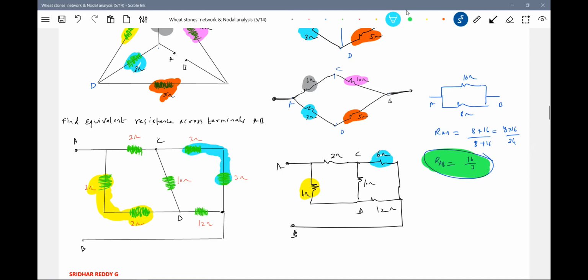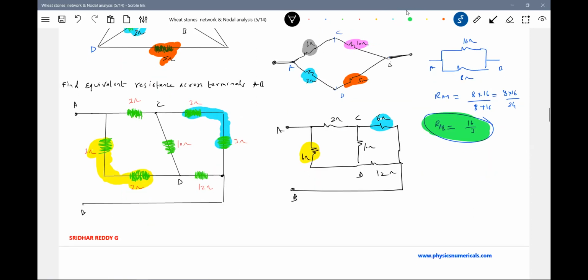So now, is it a Wheatstone network? If you find it difficult, redraw it. This is A, this is B, 2 ohm, 6 ohm, 10 ohm, 4 ohm, 12 ohm.